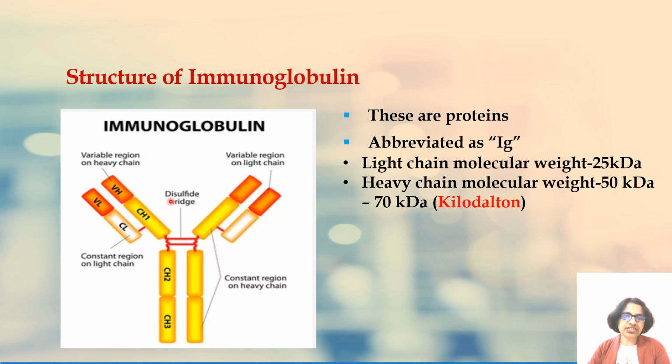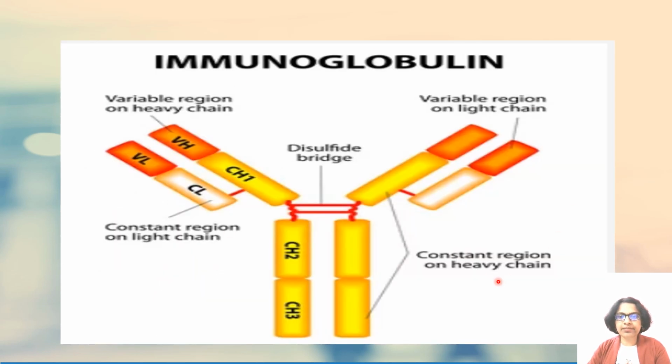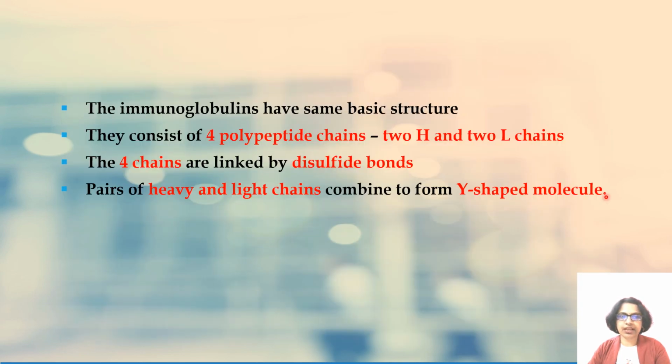There is a variable region on the heavy chain, a variable region on the light chain, and a constant region on the light chain and a constant region on the heavy chain. These are connected by the disulfide bridge. You can notice this in detail in the picture of immunoglobulin.